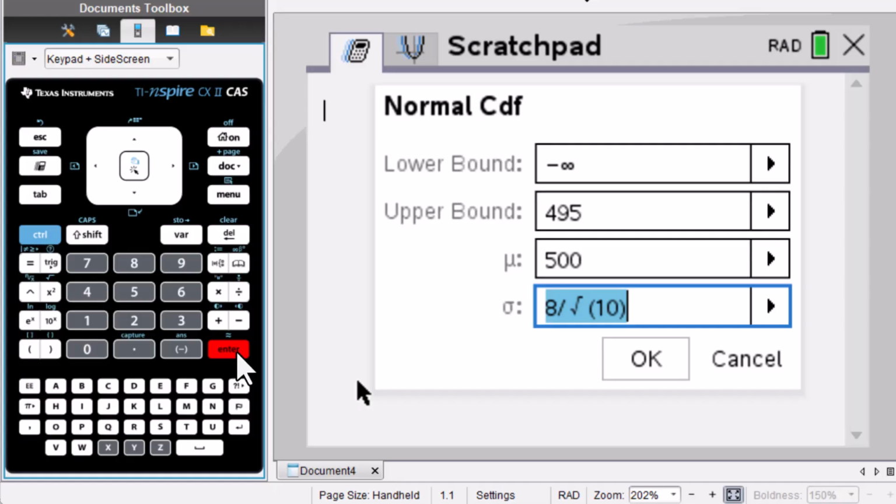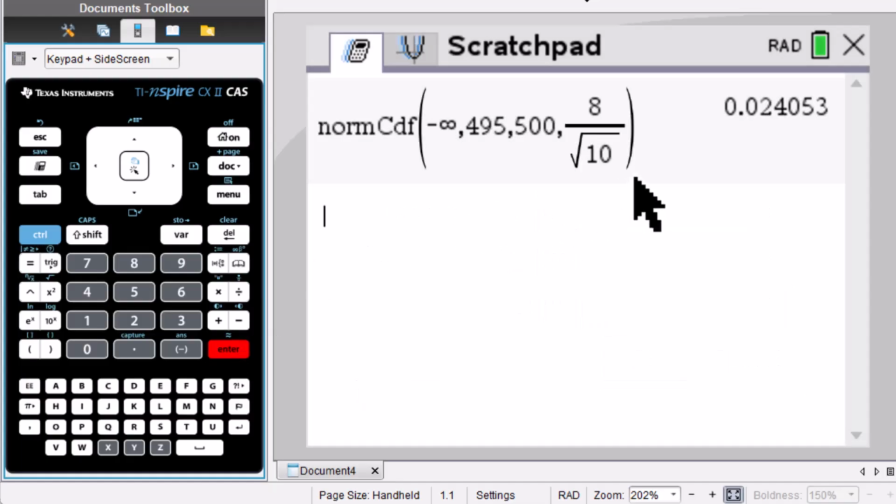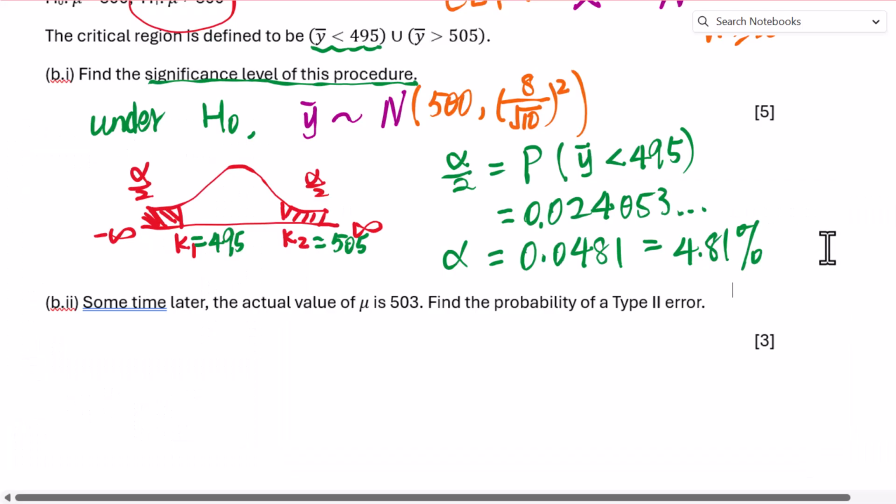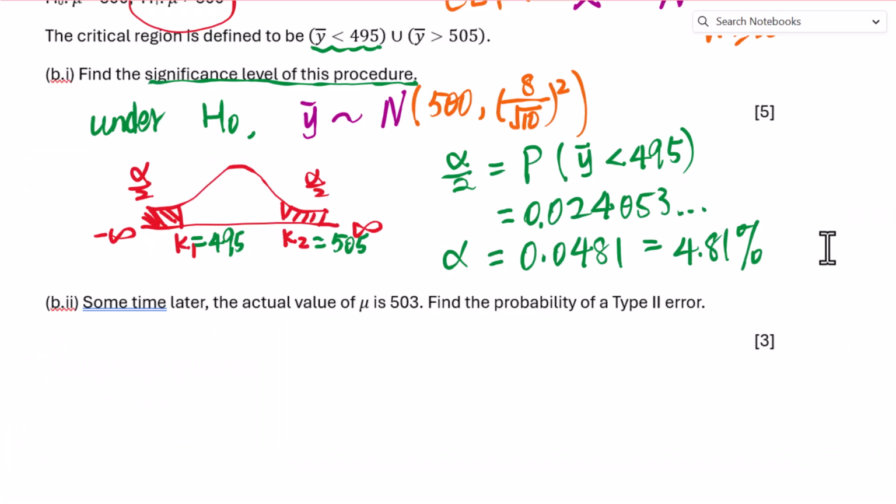Then enter. We got 0.024053 times 2, 0.0481 will be alpha.